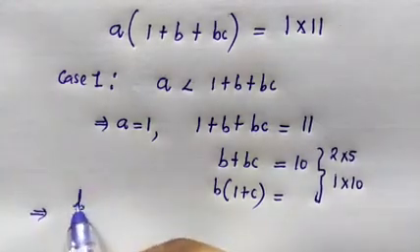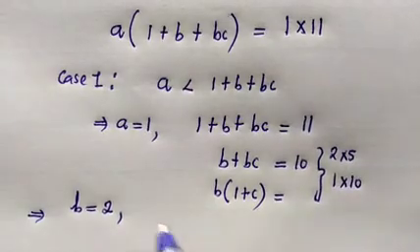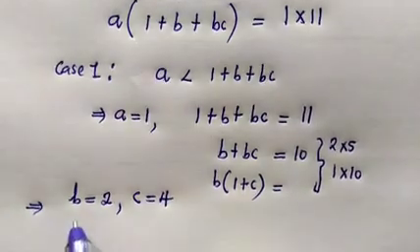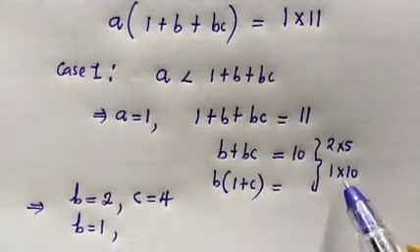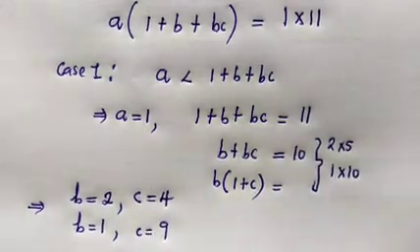When b is equal to 2, 1 plus c will be equal to 5, giving us c as 4. When b is equal to 1, then 1 plus c is equal to 10, giving us c as 9.